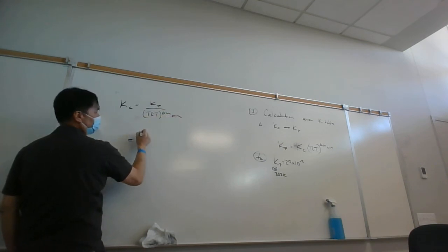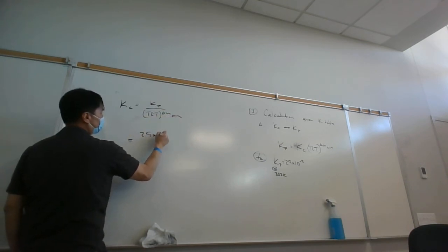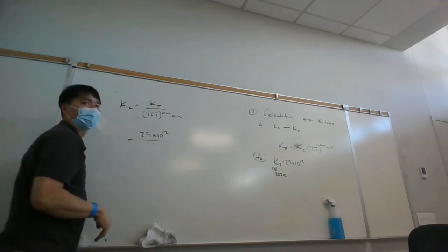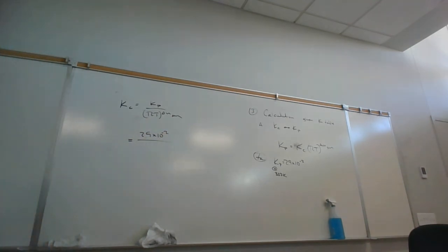Kp, we know, was 2.9 times 10 to the minus 2. R, which R should we use? Should we use the ideal gas law R, or the other R, 8.3145 joules per mole Kelvin, the thermodynamic R?